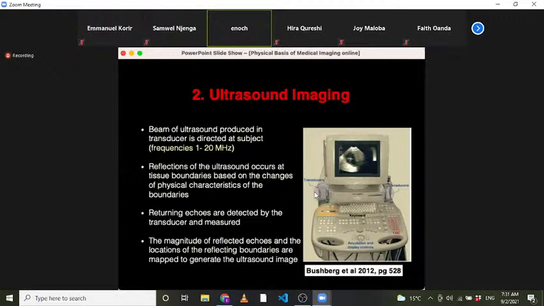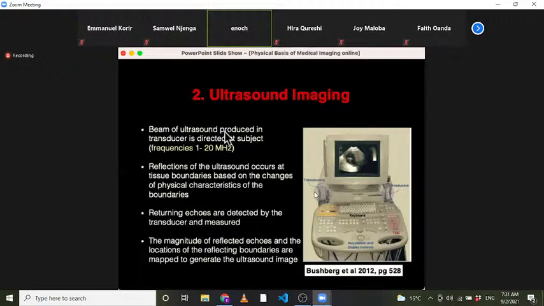So above 15 kilohertz is what we classify as ultrasound. But now for purposes of generating medical images, we go slightly higher. We are going in the range of megahertz, between 1 to 20 million hertz. 1 to 20 million hertz is the range of frequency that is used for purposes of medical imaging.